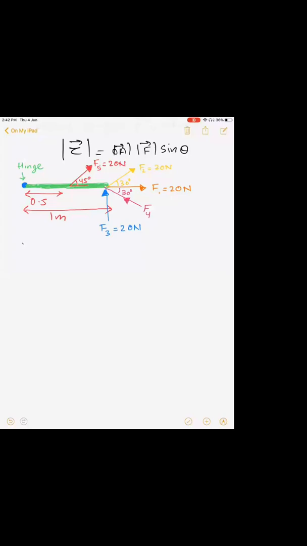Find torque on rod due to F1. Question 2 says find torque due to F2.